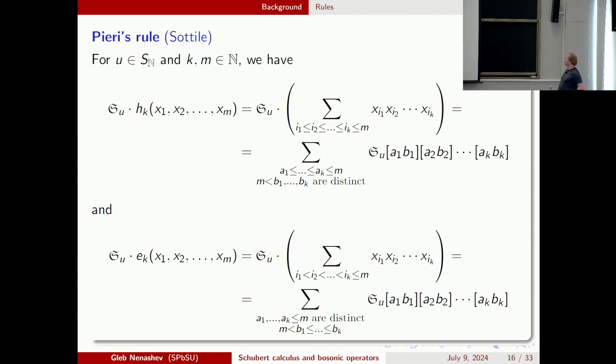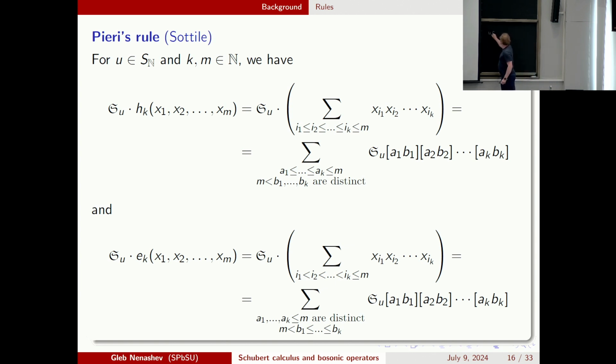There are a few more rules. There is Sottile's rule, where we multiply by h_k, a complete homogeneous symmetric function, and it's just such a formula. And for elementary symmetric functions, you have this formula. And there are a few more cases, but okay, I will write.